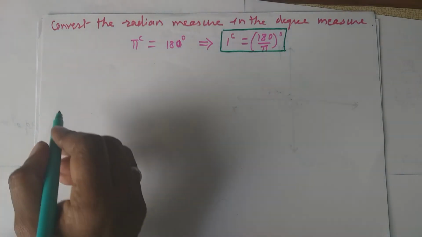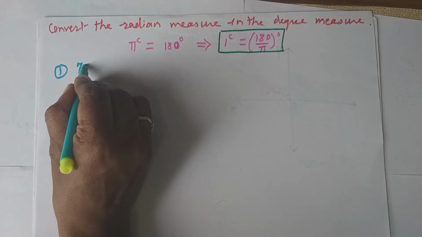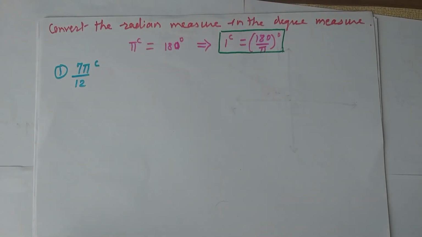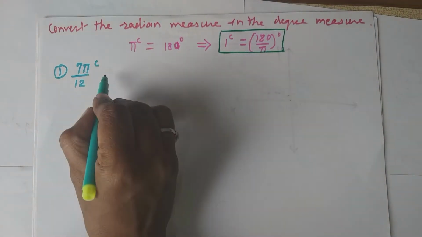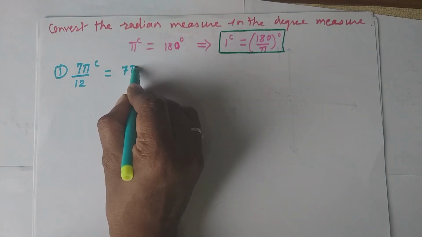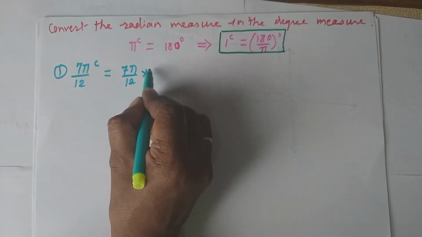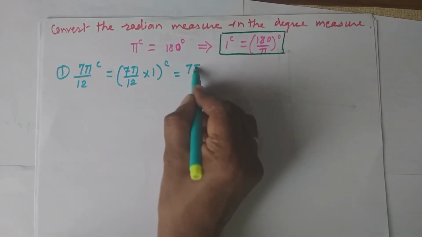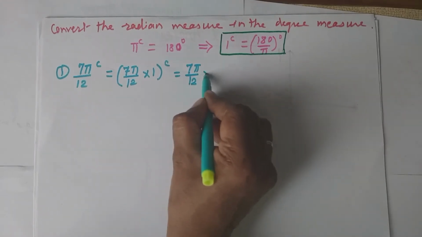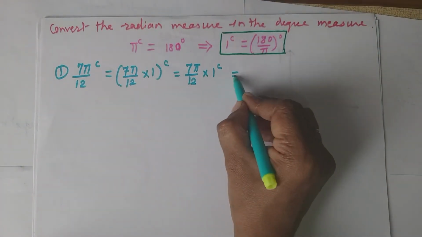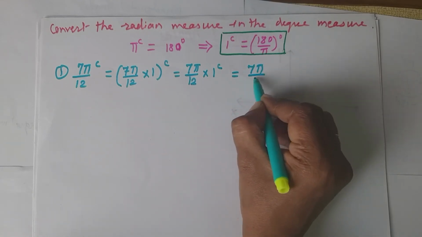Now let's see the problem. First problem, 7 pi by 12 radians. We have to convert this radian angle into degree. Now again we know that in the multiplication of any number you can write 1. Then this is nothing but 7 pi by 12 times 1 radian. Now keep the value of 1 radian.